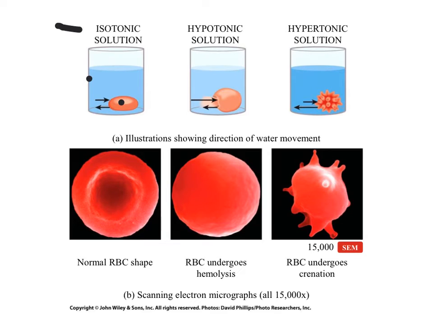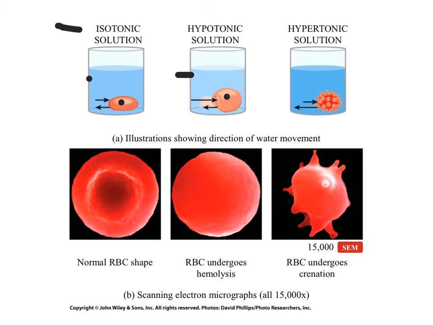A hypotonic solution will be less concentrated on the outside, more concentrated on the inside of the cell. Because of this, there's going to be more water outside of the cell, and so water will move into the cell, causing that cell to swell or burst.